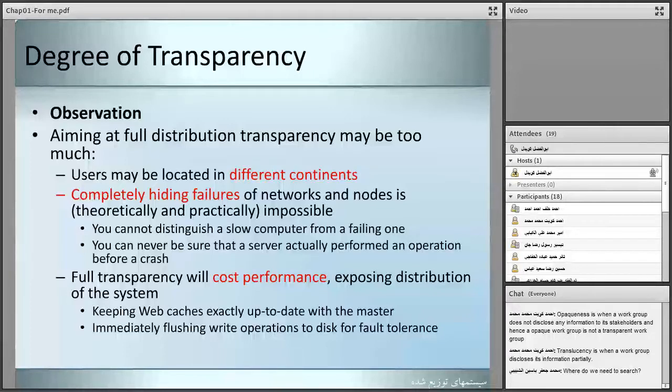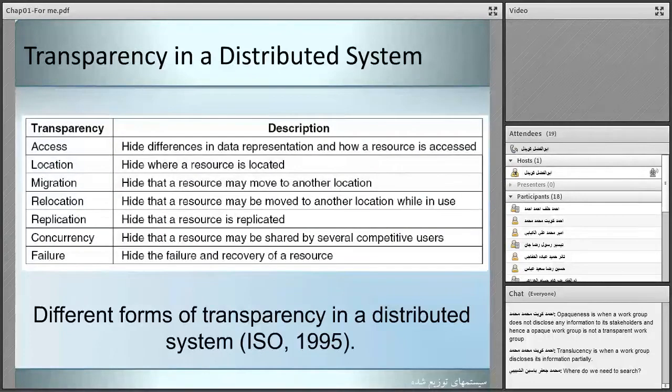I don't want you to search about it. I want you to guess. You know the meaning of transparency. We talked about different forms of transparency here: access transparency, location transparency, migration, relocation, replication, concurrency, and failure transparency. We talked about these forms in depth.